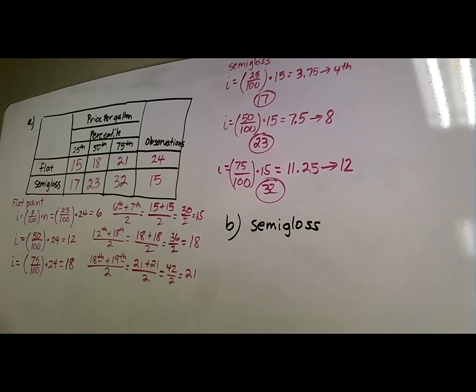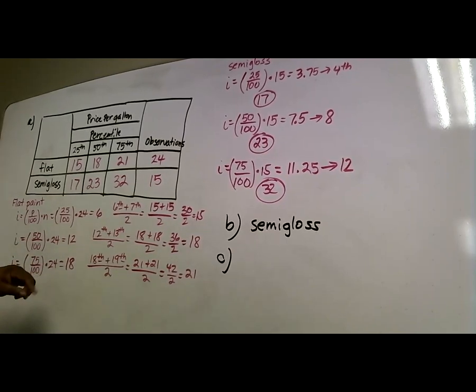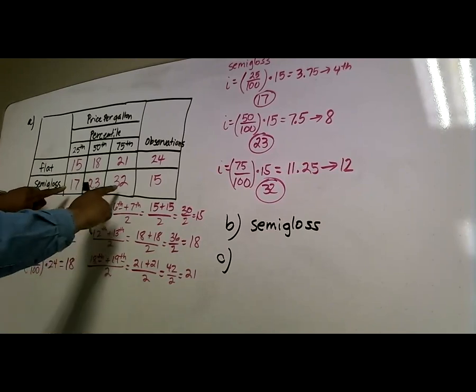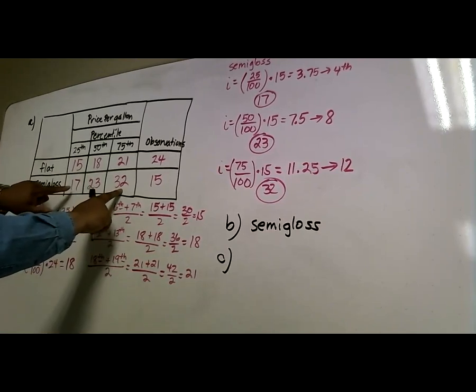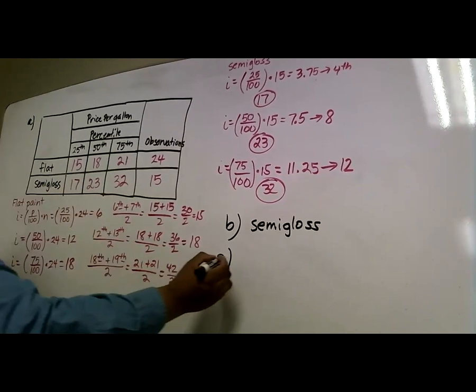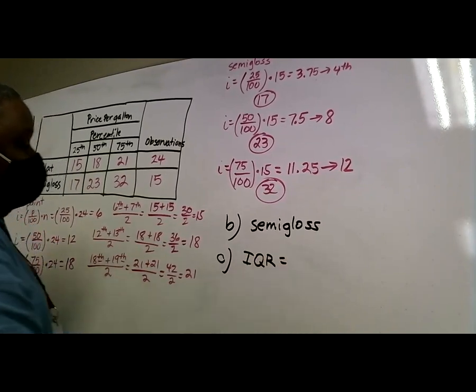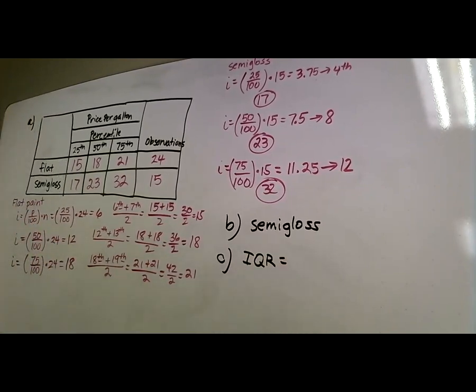Okay. And which type of paint shows the most variation? Semi-gloss as well, and here's why. Take a look at the 75th percentile and the 25th percentile. We call this the interquartile range, or IQR.